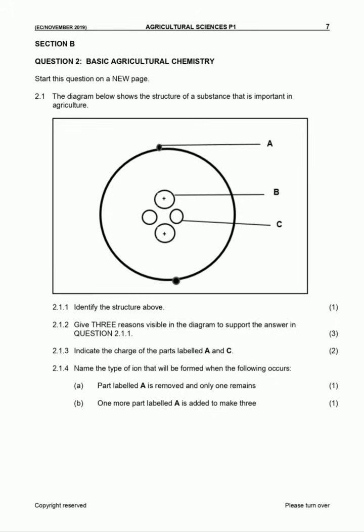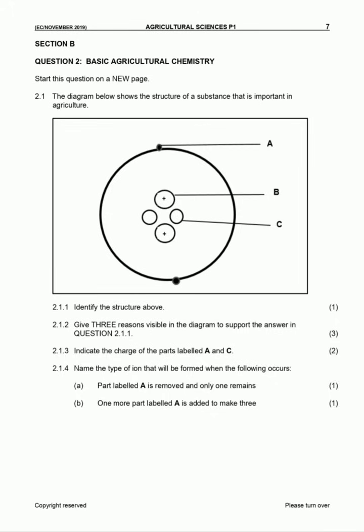Think, guys, this one. Even a learner in grade 8 can answer this one. That is something I'm confident about. The learners I have taught in grade 8 can answer this. So identify the structure above.